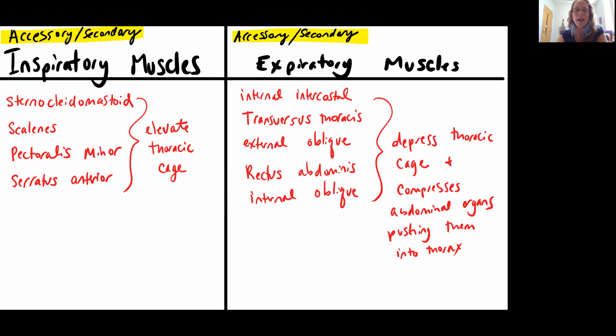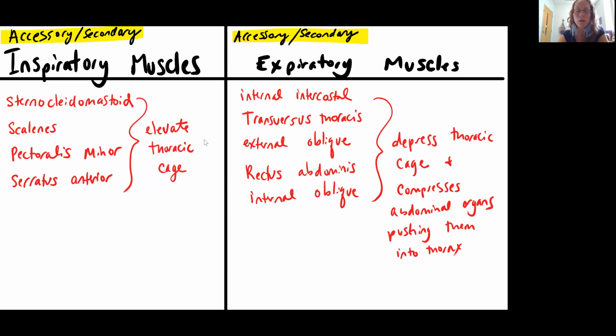And in our forced exhale, we are going to pull down on that thoracic cage and really compress that thoracic cage. So we're going to see involvement of internal intercostal muscles, transversus thoracis, external oblique, rectus abdominis, and internal oblique.